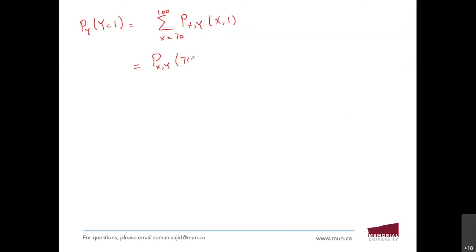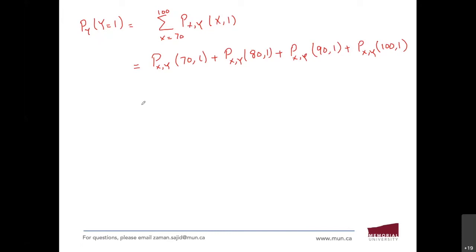So at x is equal to 70, y is 1, plus the joint probability distribution at x is equal to 80 and y is equal to 1, plus p of x and y when your x is 90 and your y is 1, plus the joint probability when your x is 100 and y is 1.